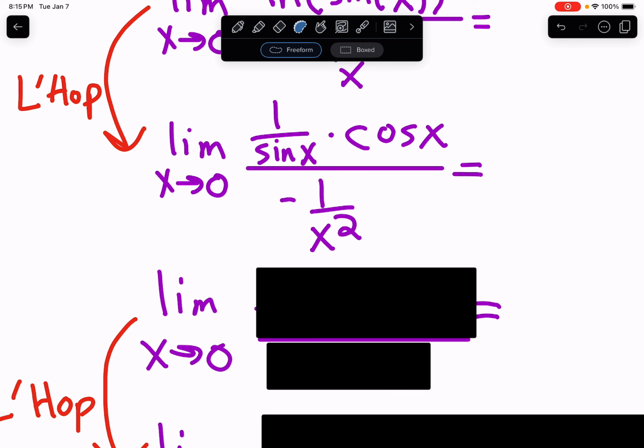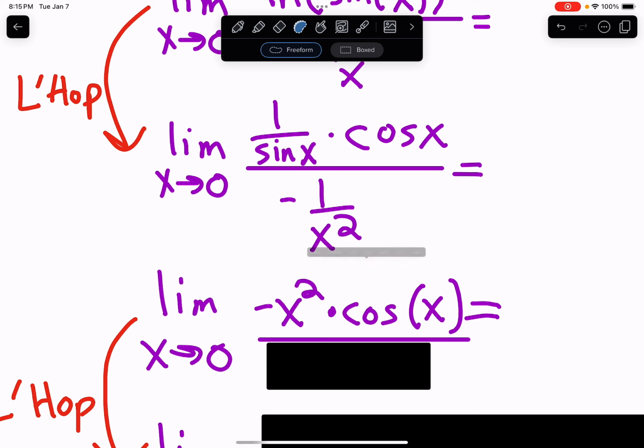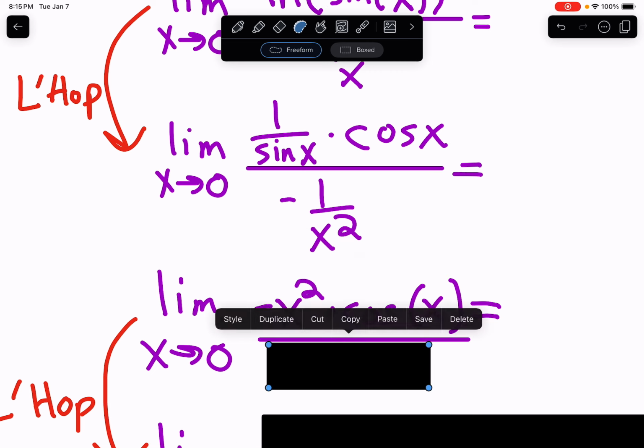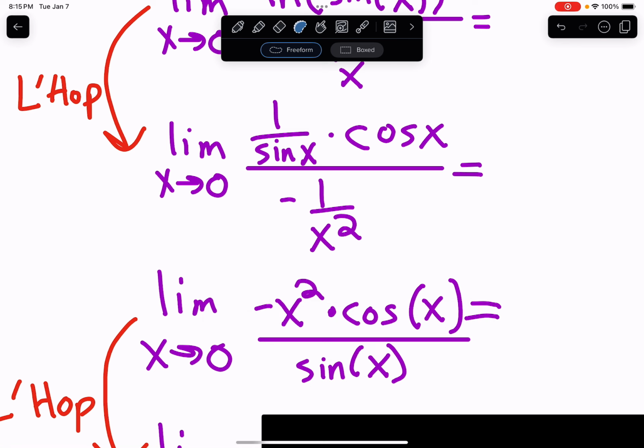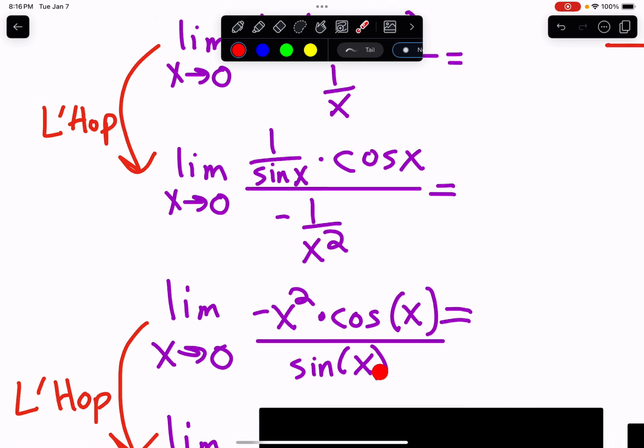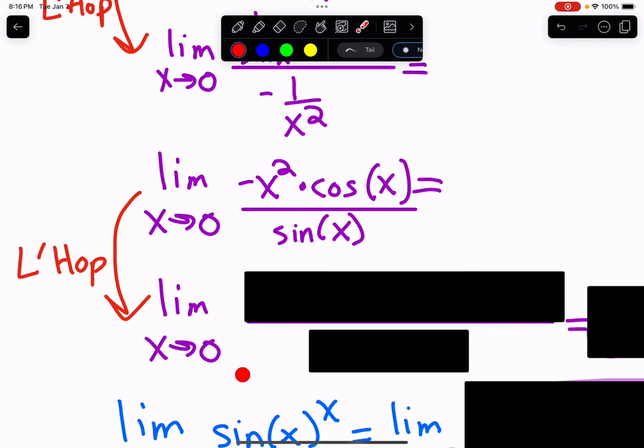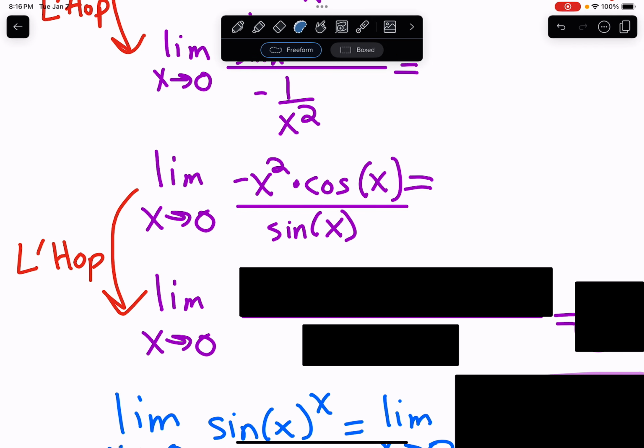Negative 1 over x squared, I'm actually going to rewrite this so that the negative x squared is in the numerator and the sine of x is in the denominator. So can I plug 0 into this? This becomes 0 on top, so 0 times 1, and then the bottom is 0, so this is indeterminate again. And so I have to do L'Hopital's rule one more time.